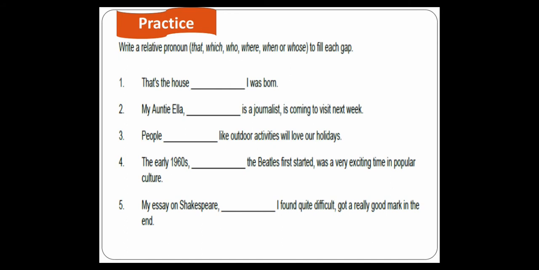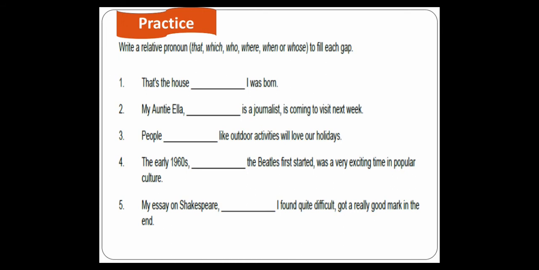Now it's time for some practice. Here is the first exercise. Write a relative pronoun that, which, who, where, when, or whose to fill each gap. Now in the sentence, we should describe a noun using a relative clause.